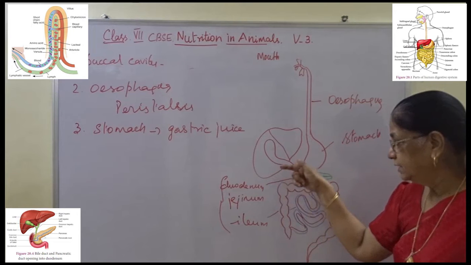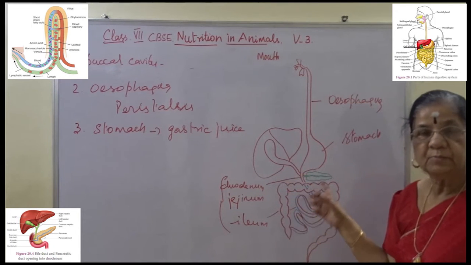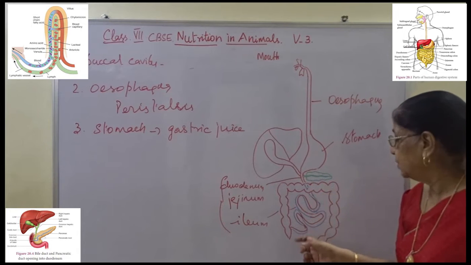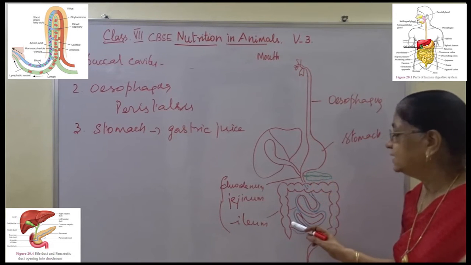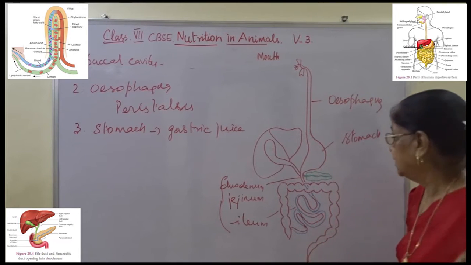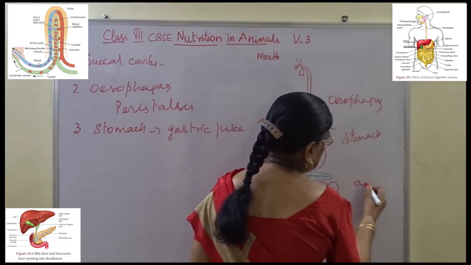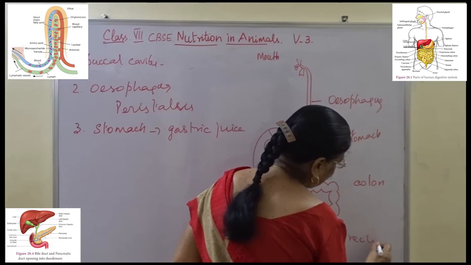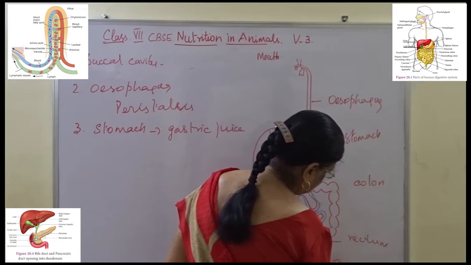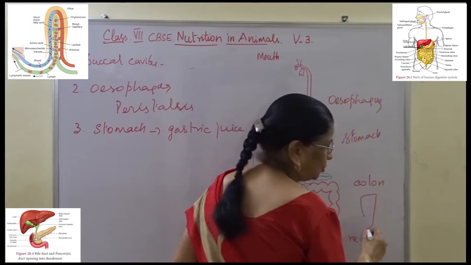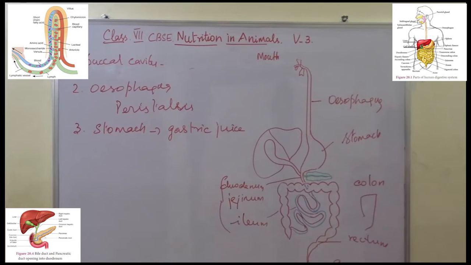So the duodenum, jejunum, and ileum together form the small intestine, and that is continued as the colon, the large intestine. Now the large intestine has three regions: colon, rectum, and anus. This colon is a J-shaped structure. Now look at the diagram.